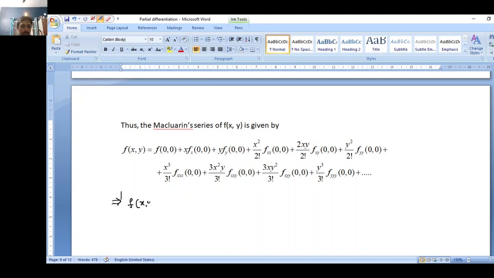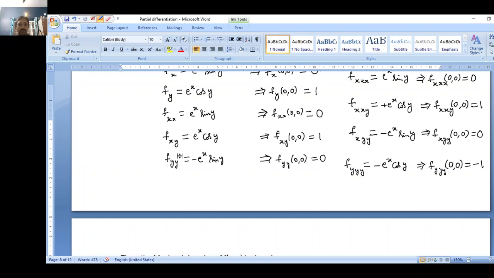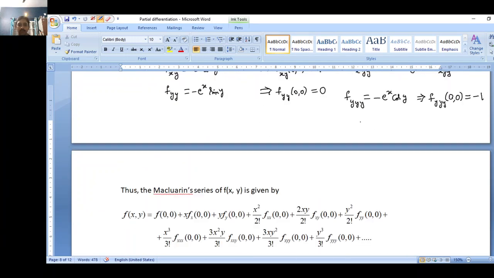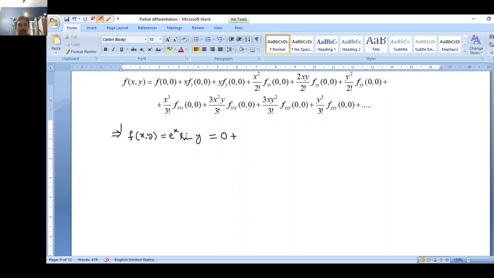So accordingly, f of x comma y, that is e power x sin y, is going to be equal to, first term is f of 0 comma 0. F of 0 comma 0, as we know, has turned out to be 0. So the first term is 0, plus, and then what next?